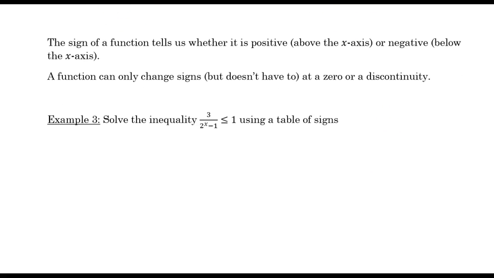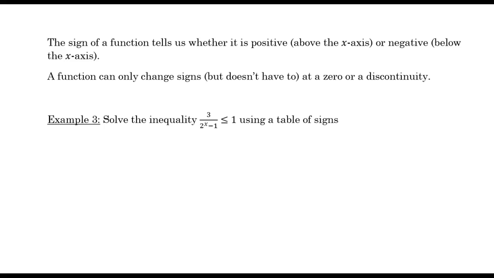Now, I have this inequality here. 3 over 2 to the x minus 1 is less than or equal to 1. So, let's consider this. Actually, it's much easier if we have this equal to 0 or relative to 0.